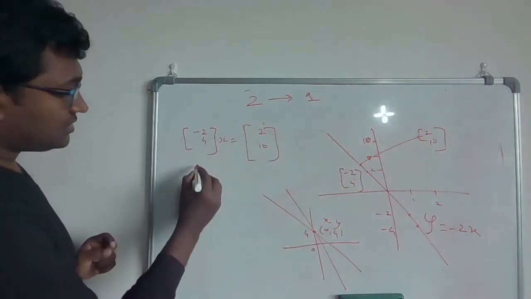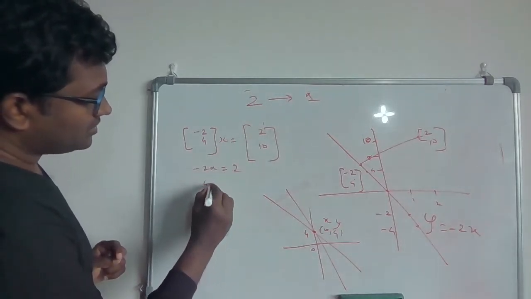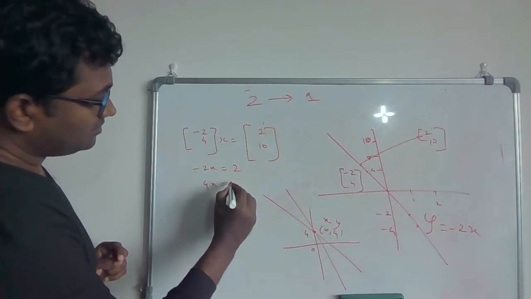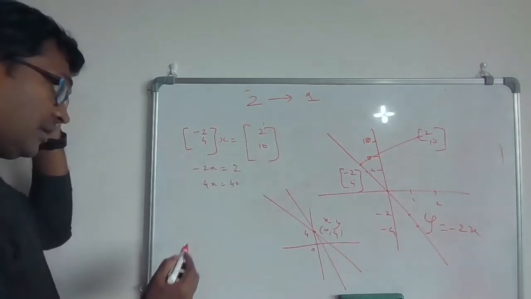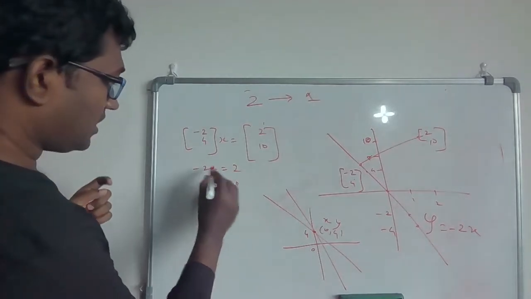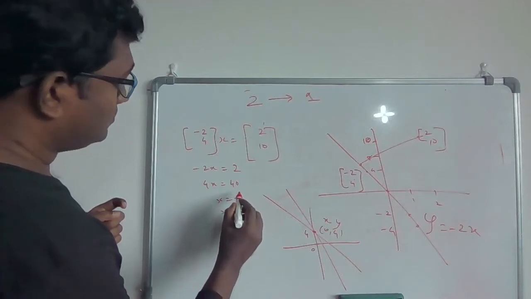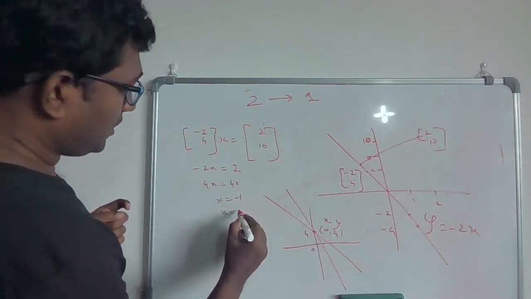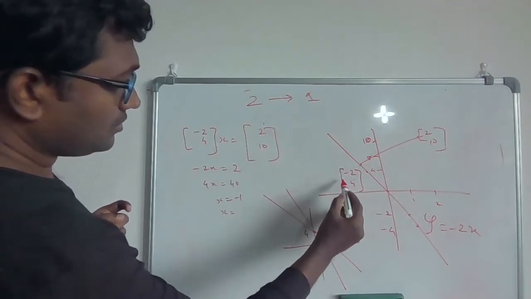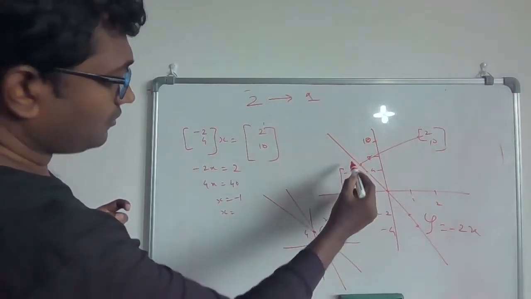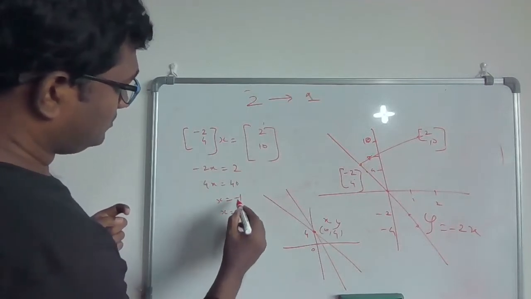Even if you try to solve this, -2x is equal to 2, so x is -1, and 4x is equal to 10, so x is 10 by 4.